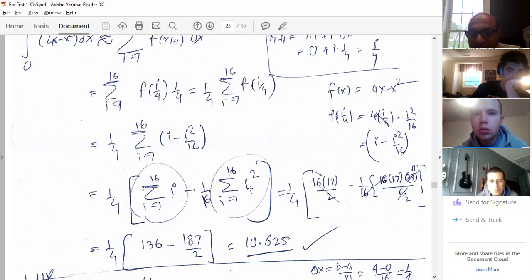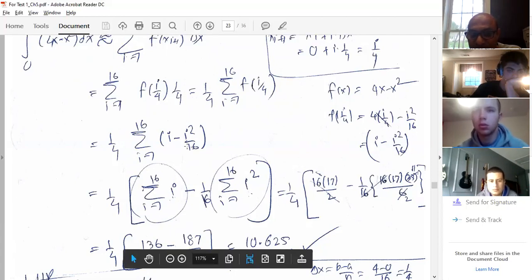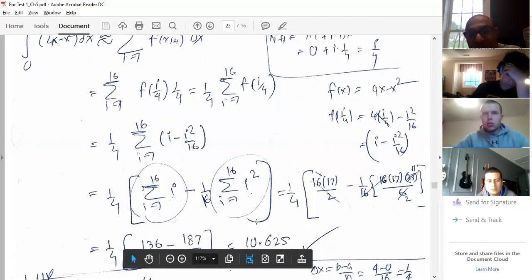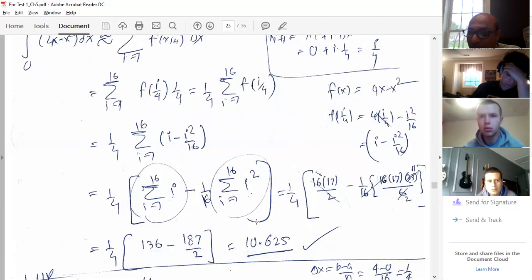But 1 over 16 is a constant, so pull it out of this summation sign, not the whole part, please. This 1/4 is out of the whole part, so that's why I use the big bracket. The way of writing makes a big difference in mathematics. Which brackets you use, curly or big, makes a big difference.